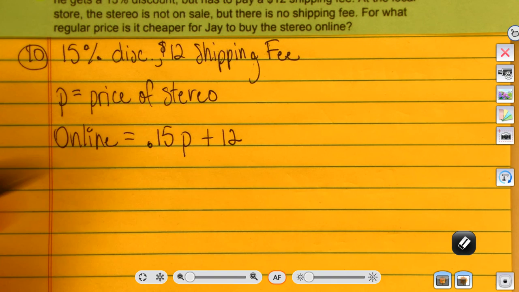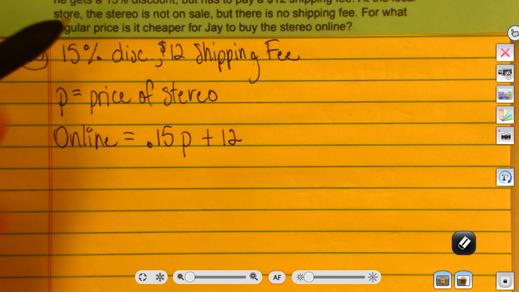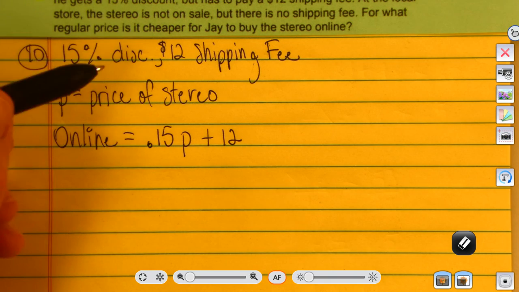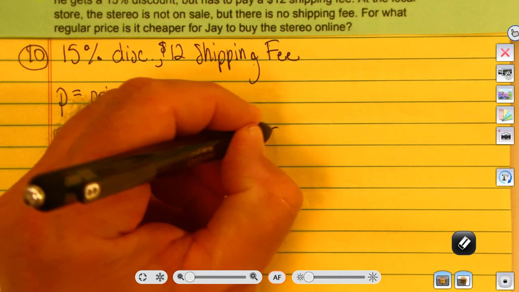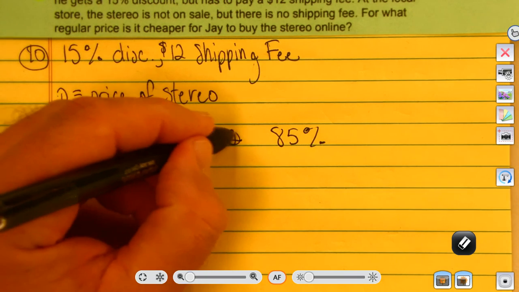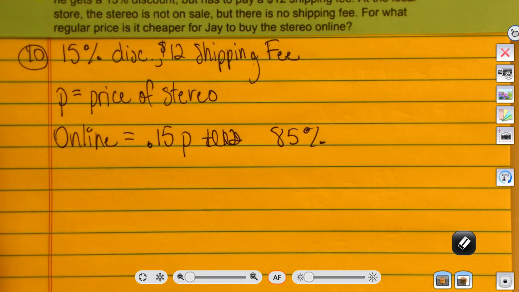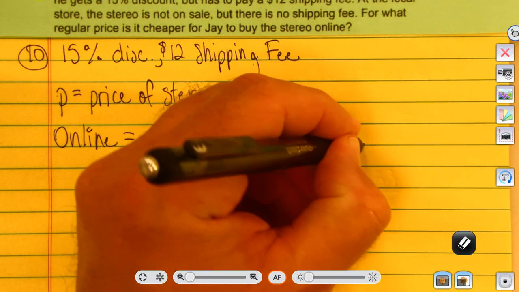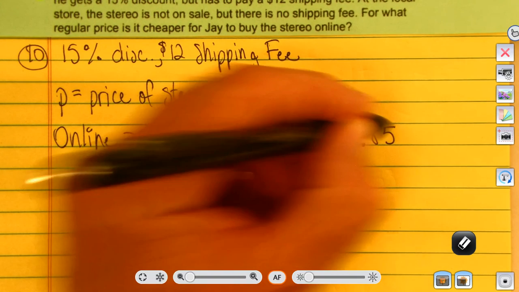So there's something we need to figure out here just for a second. If he gets a 15% discount, then he has to pay for 85% of it. So if he pays for 85%, 85% is 0.85.